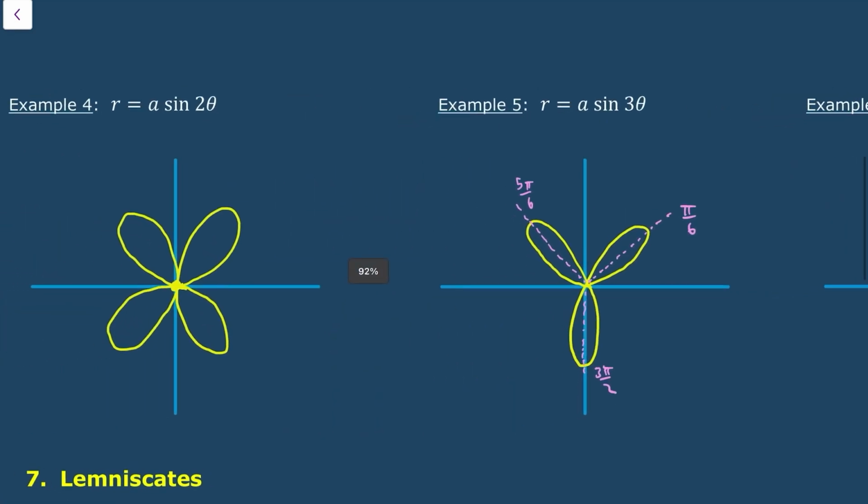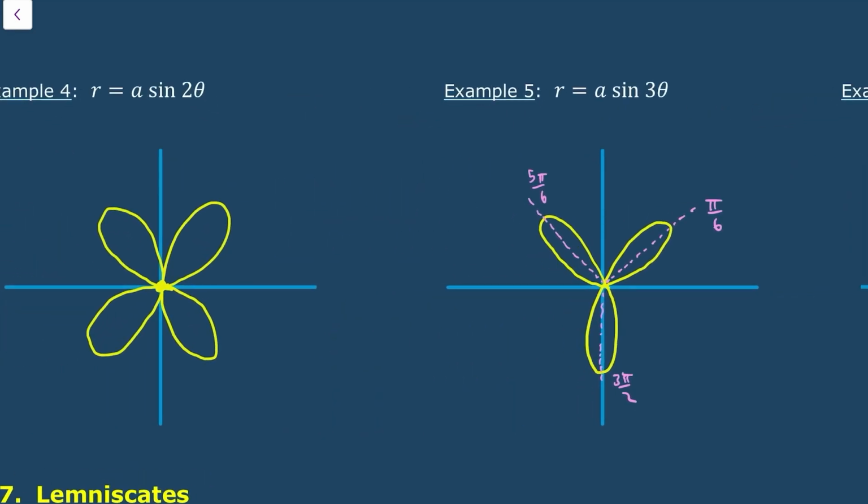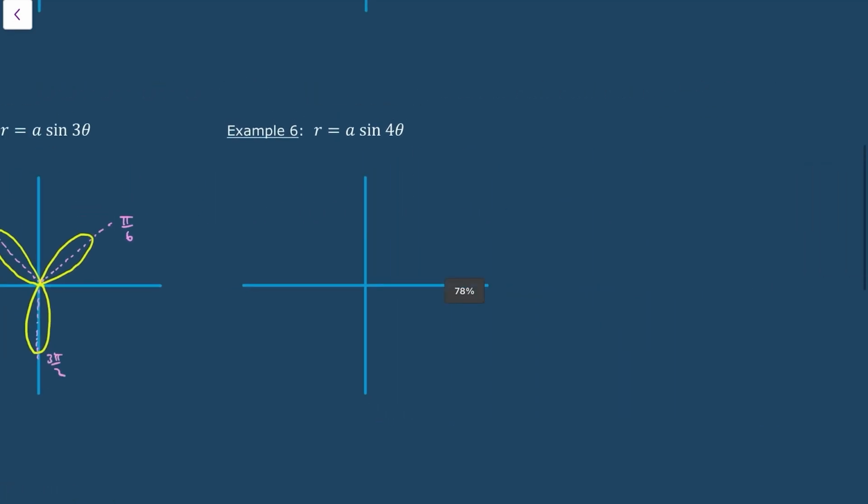Just going back here, that's going to be between, let me just work that out, pi by 4, yes, exactly pi by 4, and 3 pi by 4, and so on. So you can work out each of those angles.